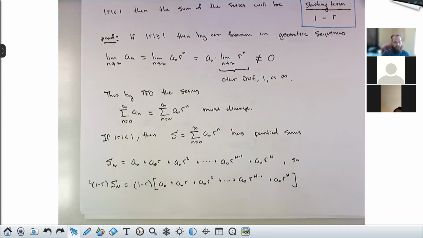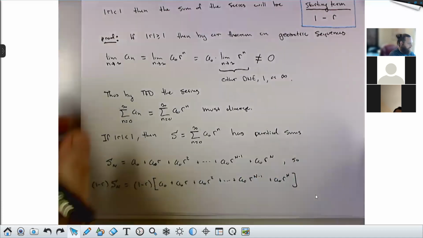The left-hand side I'm going to leave alone, but the right-hand side I'm going to distribute. And you'll see that this cleans up very, very nicely. What I'll do is I'll first distribute through the 1. So it'll be 1 times this whole thing. And then I'll distribute through the minus r. That'll be minus r times this whole thing.